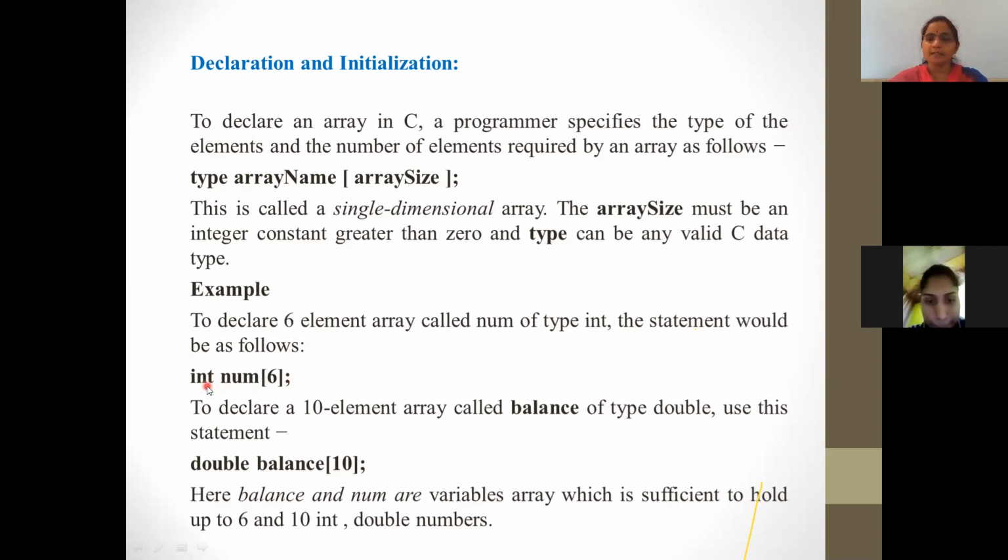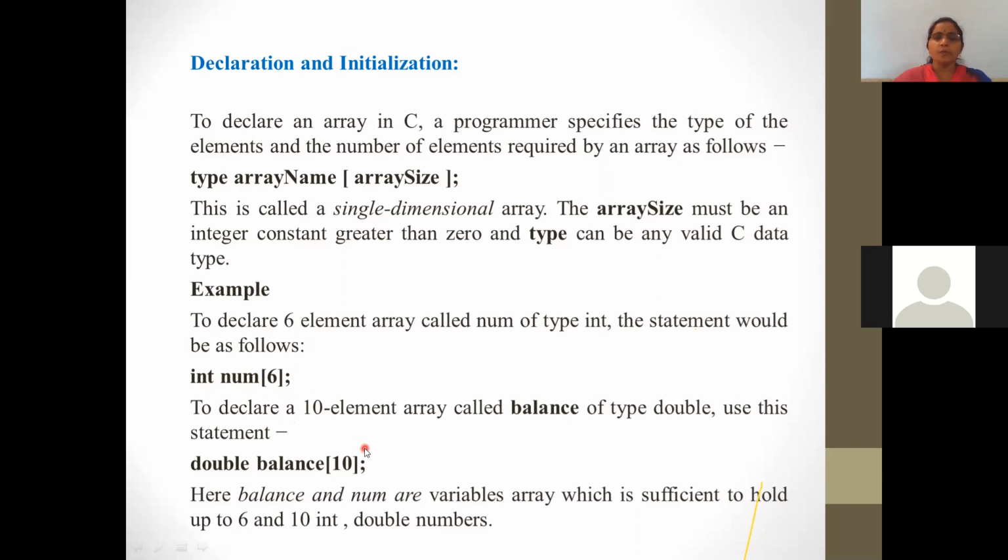What is int? Int is the valid data type. Num is the name of the array and 6 is the size. Num is the array which consists of 6 values of the data type integer. This is the meaning of this declaration statement.